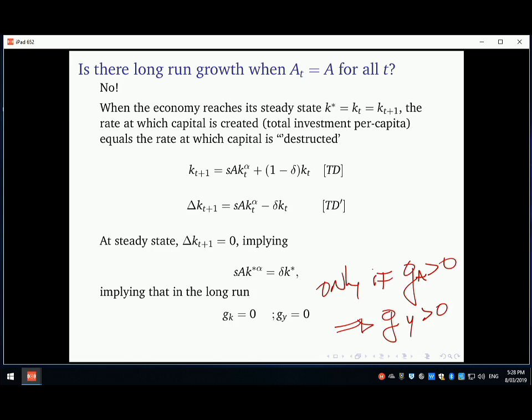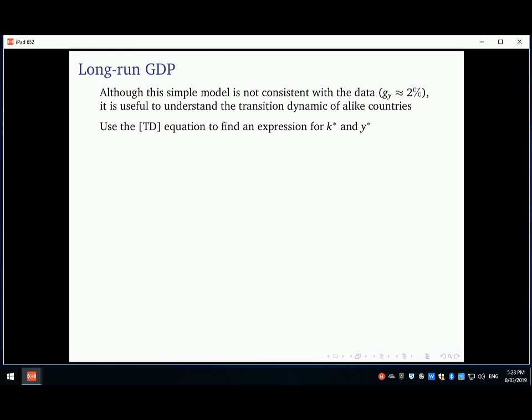Okay, so here. Now let's think about long-run GDP, long-run capital per capita. That is our transitional dynamic equation. Let's find an expression for k star.